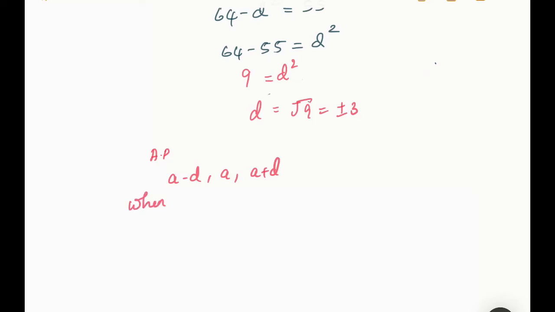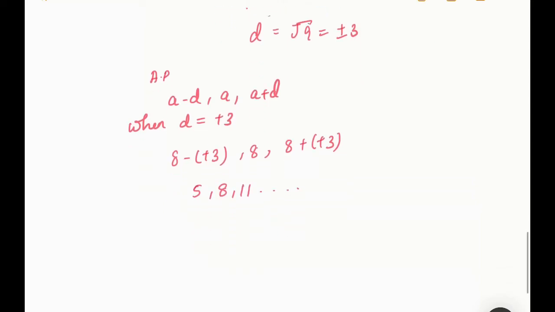When d is equal to plus 3, a is 8: 8 minus 3, 8, 8 plus 3. So what you get? 8 minus 3 is 5, 8, 11. So this will be our AP.